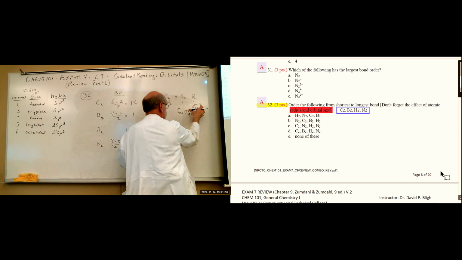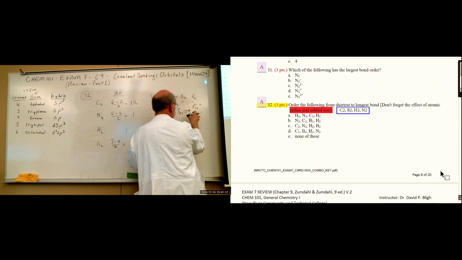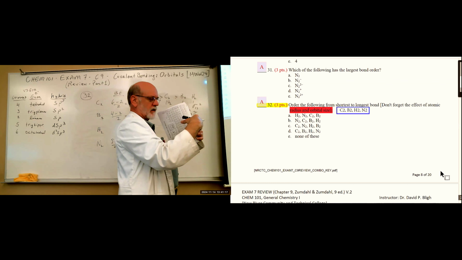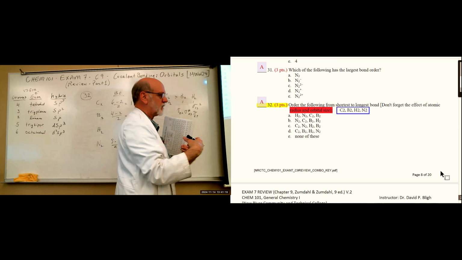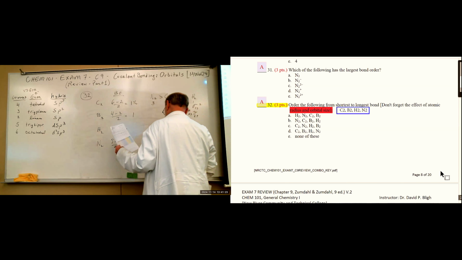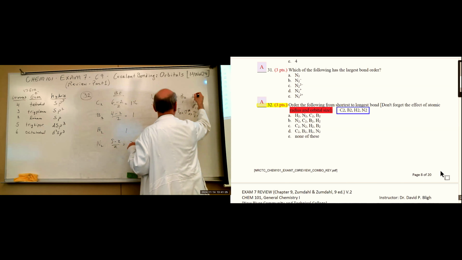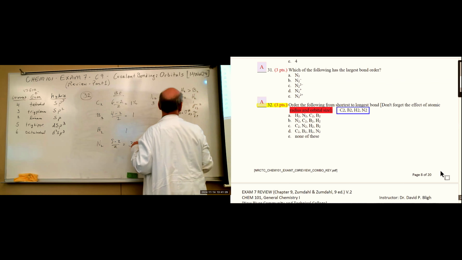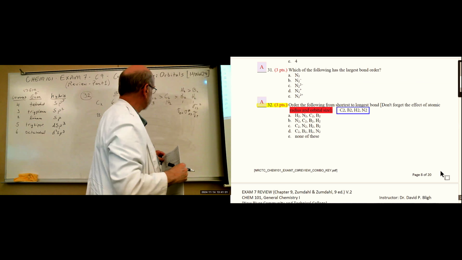What happens is you're overlapping, they have the same bond order, but you're overlapping closer nuclei. So you're getting them closer to each other. That means that it should be reversed. In other words, we should have hydrogen here and boron there. So it should be NCHB.